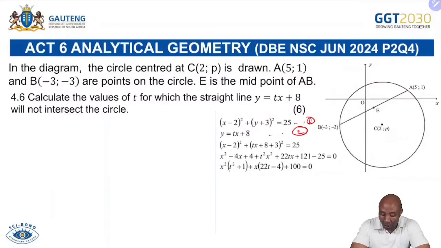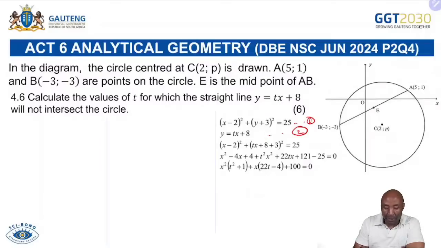We will substitute and we should get our equation in the form: t squared plus 1 as the coefficient of x squared, and we have 22t minus 4 as the coefficient of x, and we have 100 as our c.